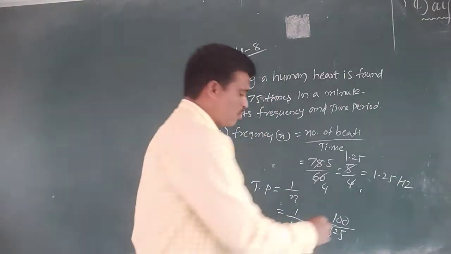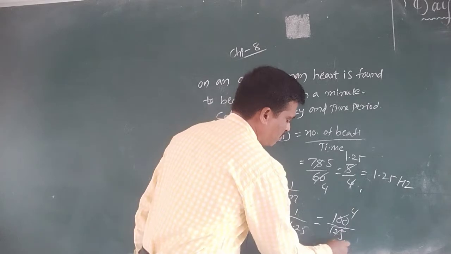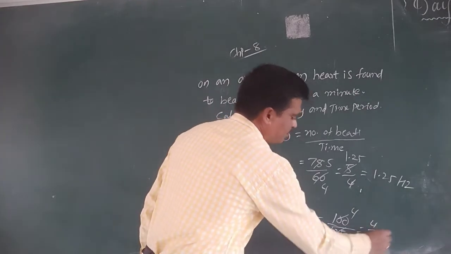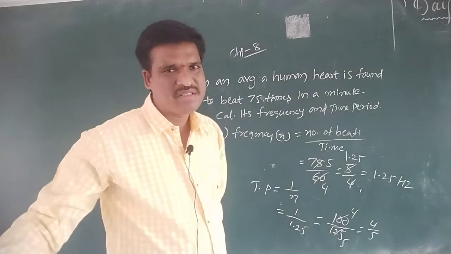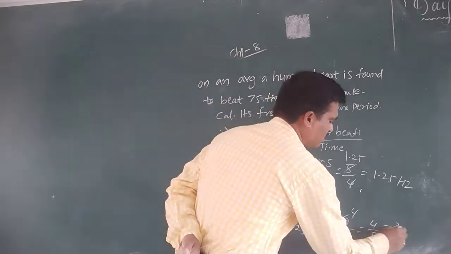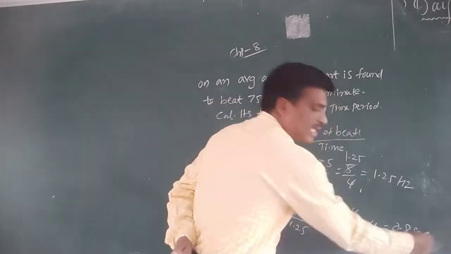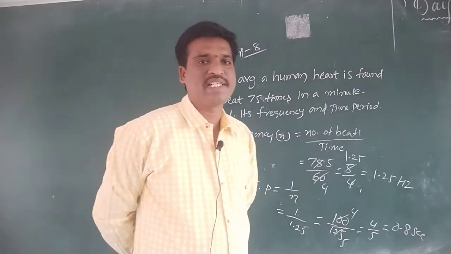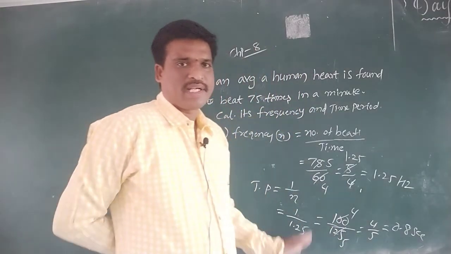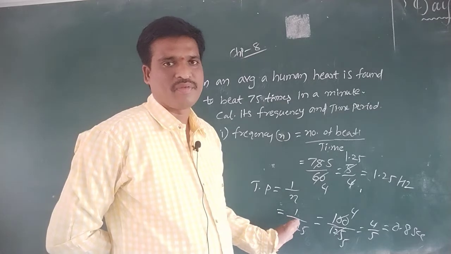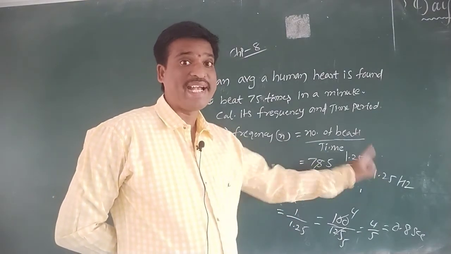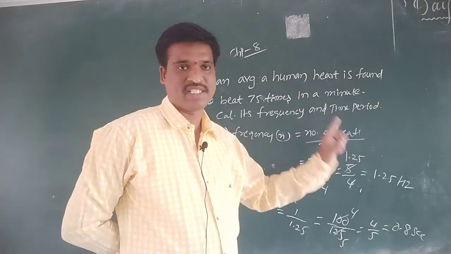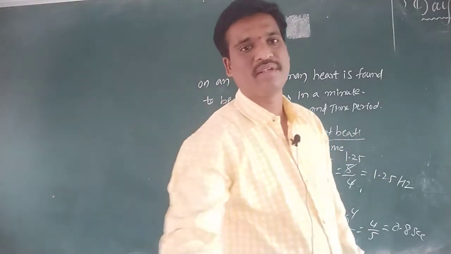Okay, 25 4s, 25 5s, 4 by 5. What is the answer? 0.8 seconds. 0.8 seconds is the time taken. The frequency is 1.25 hertz. This is the answer. Okay, clear?